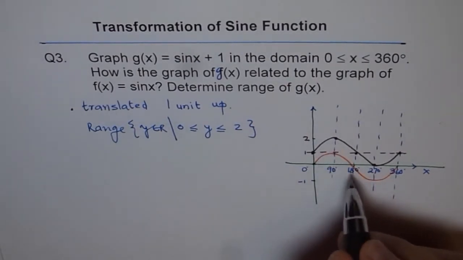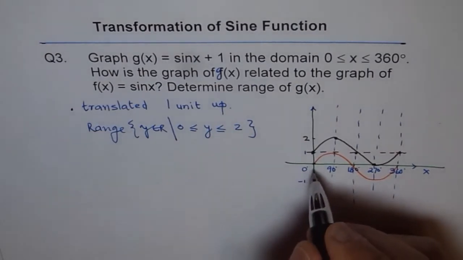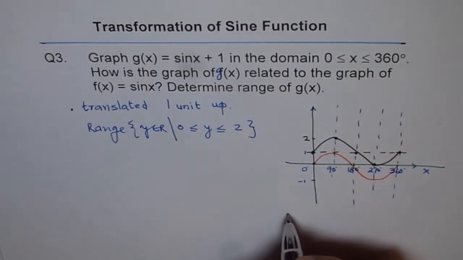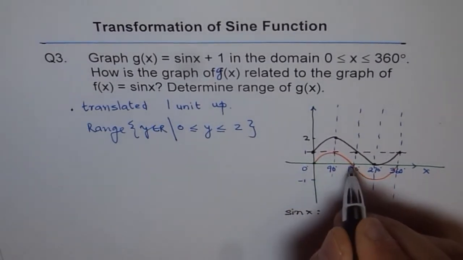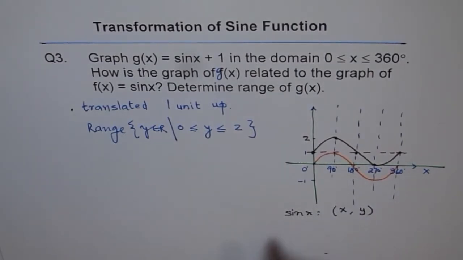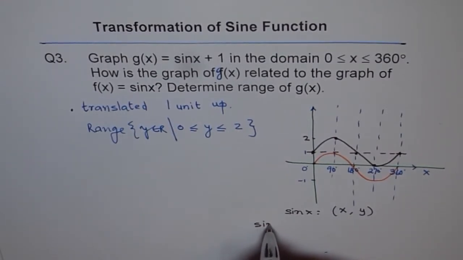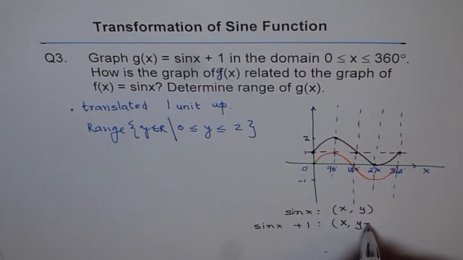You will see how the points get transformed. In this translation, if we consider the sine function, each and every point, let it be denoted by (x, y). What will be its image on sine x plus 1? The image of this x remains as x, and y becomes y plus 1.